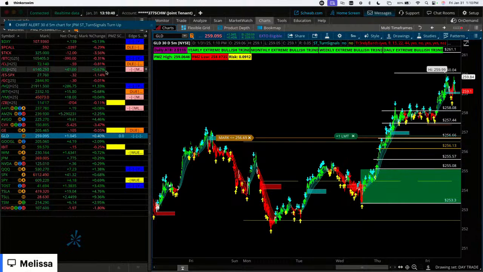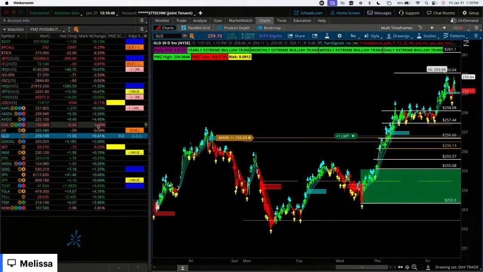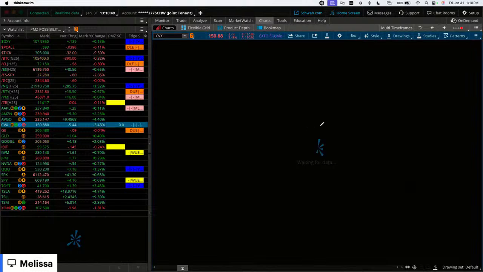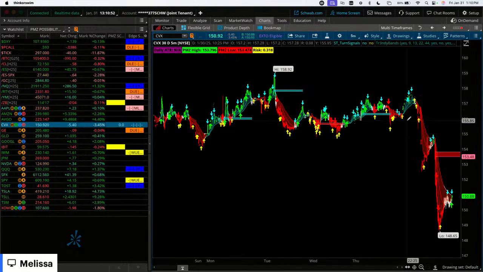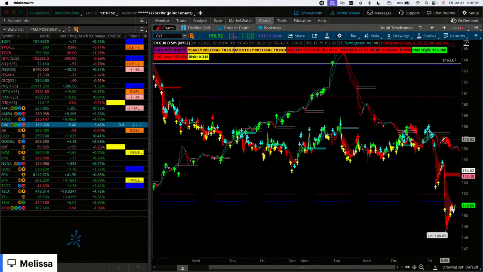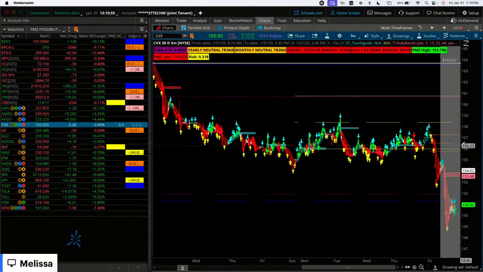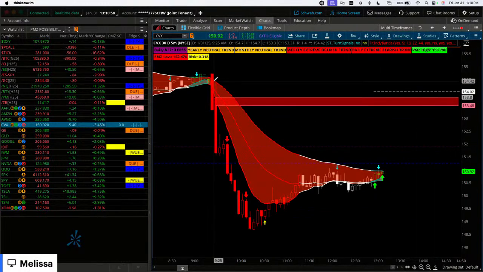But if you are a bear and you prefer shorting the market, then what I would do is if the S&P 500 is green and you see names on here that are red, which CVX would be an example of that. This morning, the overall market was green, but CVX was red. This would have been a candidate to short because it is underperforming the market.